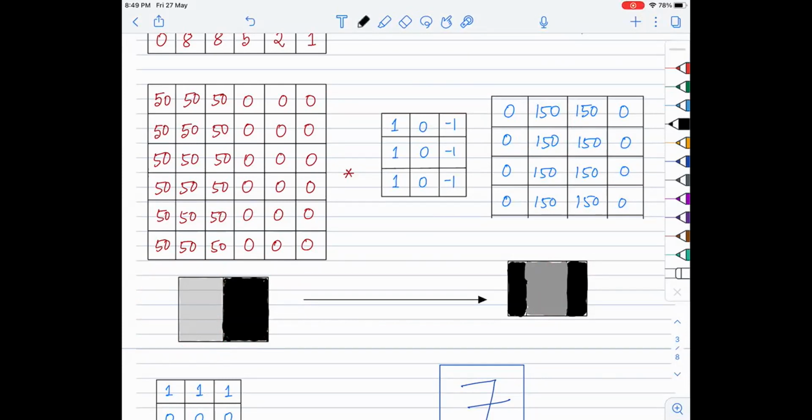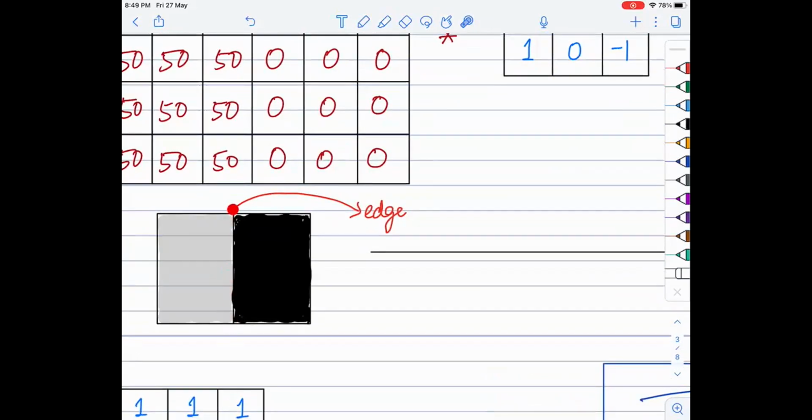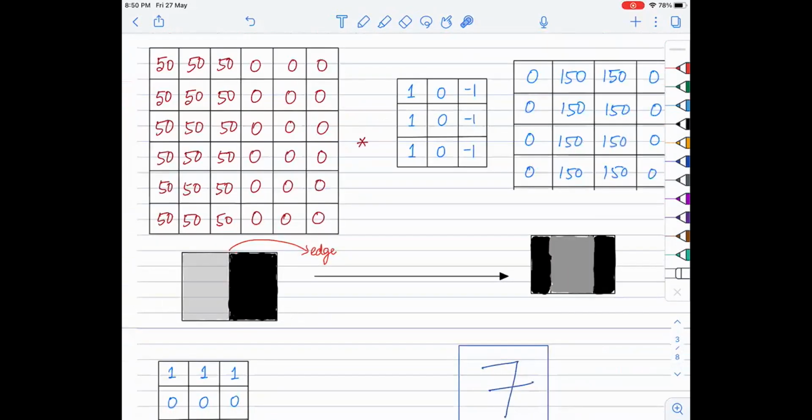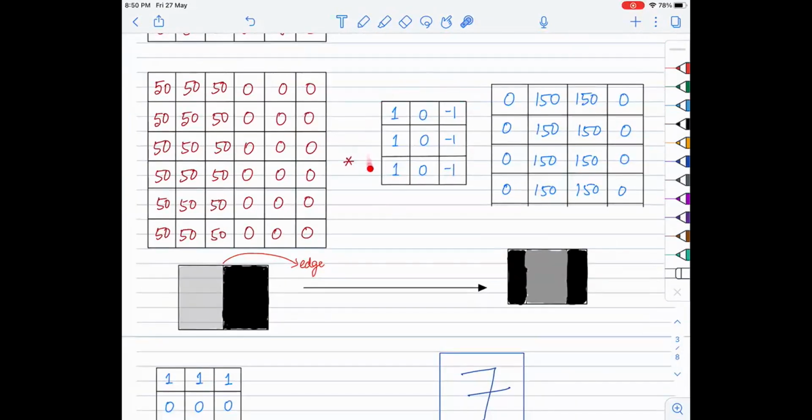There is an edge in the middle part of the image. This is nothing but an edge. I hope you see that there is an edge here, a transition from gray to black. So this particular filter has somehow detected a separation, an edge, a transition of color.